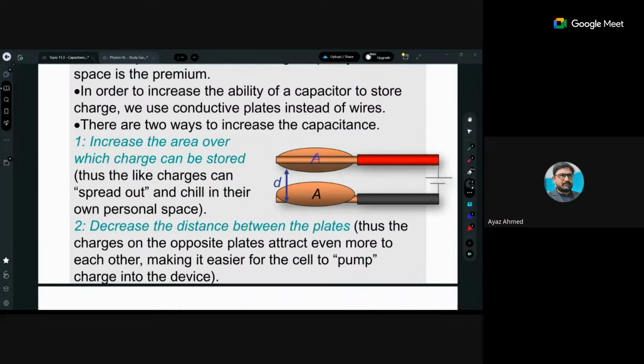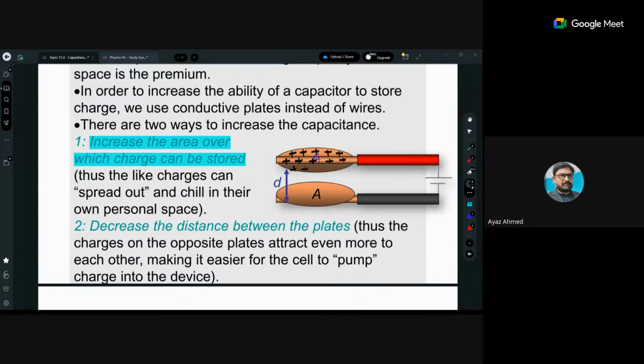So don't overlook this. Increase the area over which the charge can be stored. If you want to keep more charge on the plates, what do you need? You have to make this area bigger. It is just like your plants.